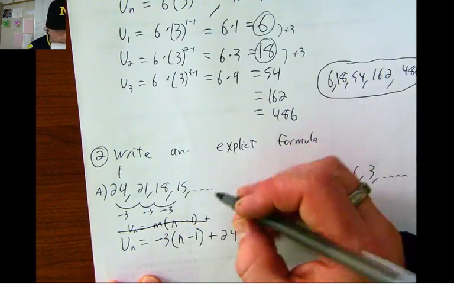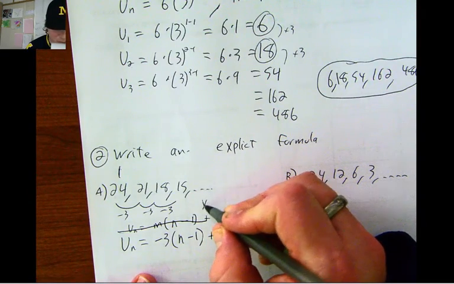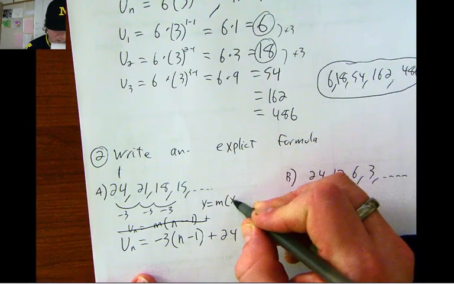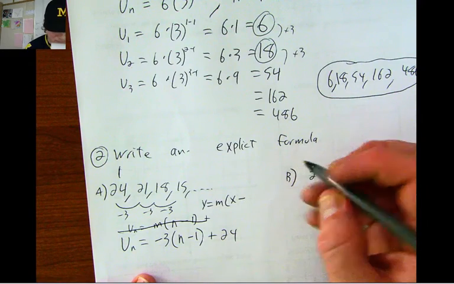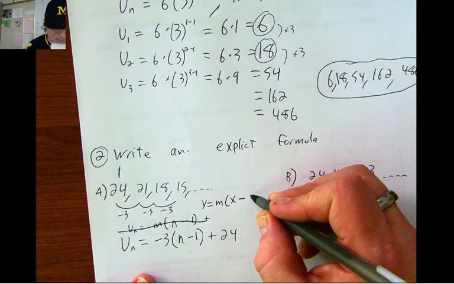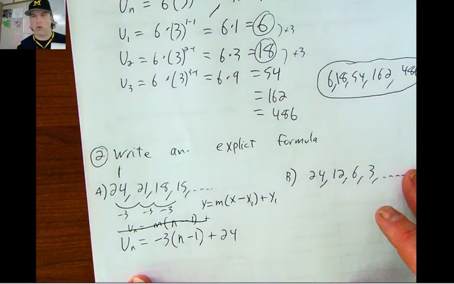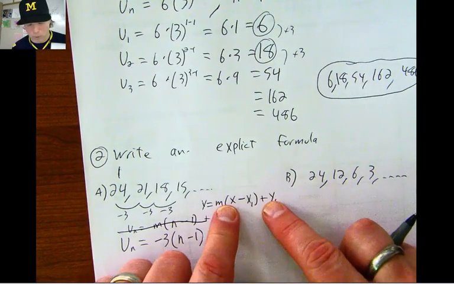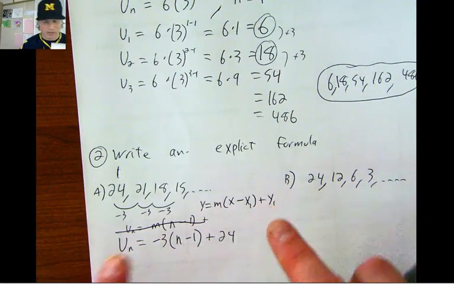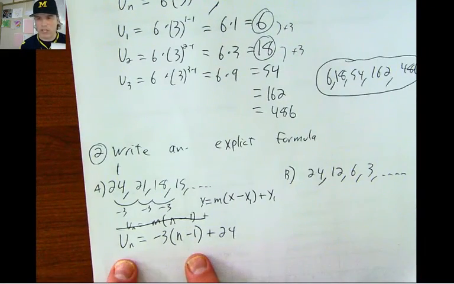Typical point slope form is y equals m times x minus the first x point, x1, plus y1, the first y coordinate. So this was me turning point slope form into a sequence looking equation.